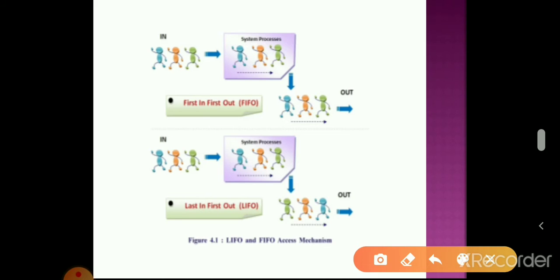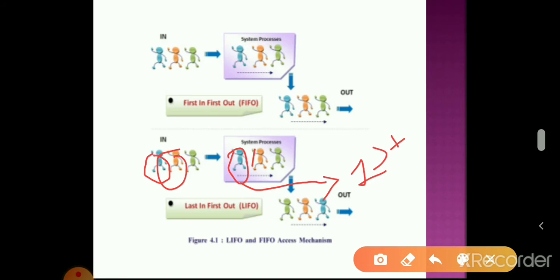Last in, first out means the blue color person who entered the system last comes out first in the outgoing process. Here the second one goes into the process.